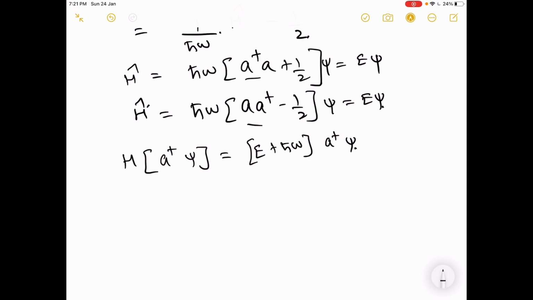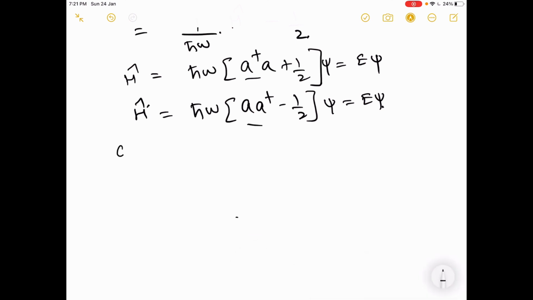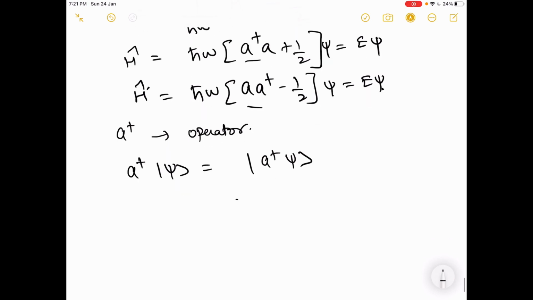Let me clarify this a little bit. A dagger is an operator, and let's say a dagger acts on psi and gives me a dagger psi. If the Hamiltonian acts on a dagger psi, it can be shown that the eigenvalue is E plus h cross omega times a dagger psi.